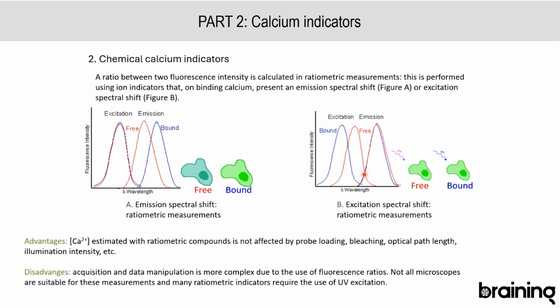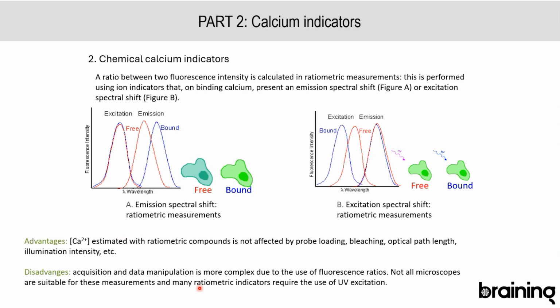So the big advantage is that the calcium concentration estimated by these ratiometric compounds is not affected by the probe loading, the bleaching, the optical path length, the illumination intensity, because since we do the ratio afterwards in the analysis, between the emissions, we will cancel the bleaching, the problems in optical path length, illumination intensity.